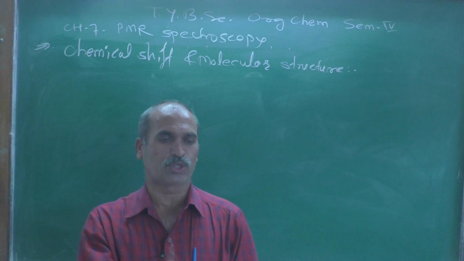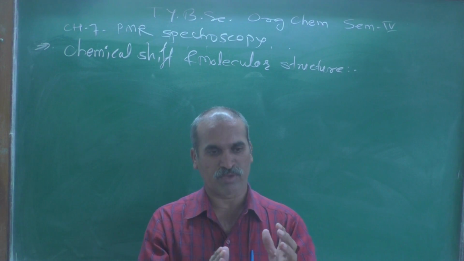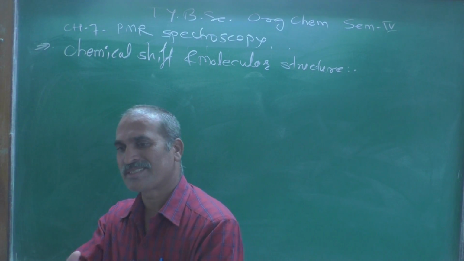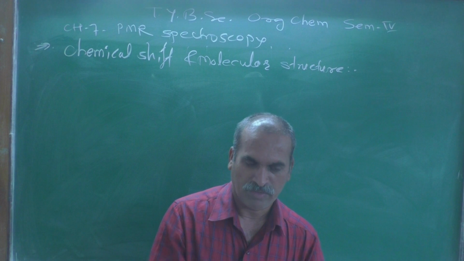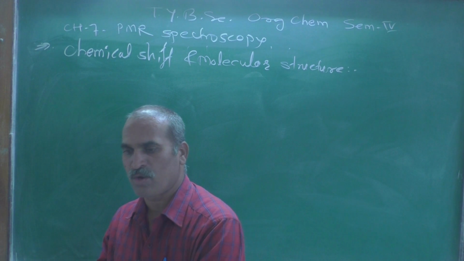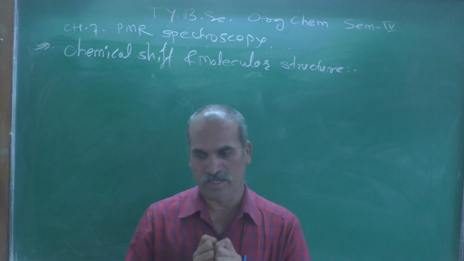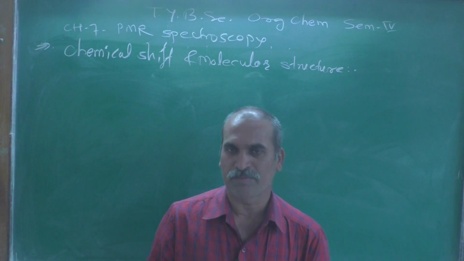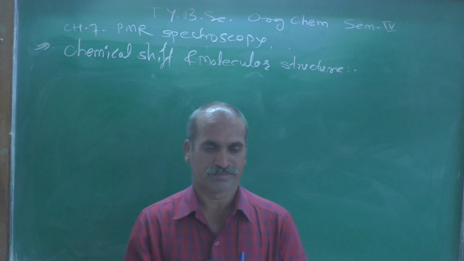Chlorine is less electronegative than fluorine, and that's why the chemical shift value is slightly changed. When fluorine is there, the value appears around 4.3. If chlorine is there, the de-shielding effect decreases and the chemical shift value is less, that is 3.1.